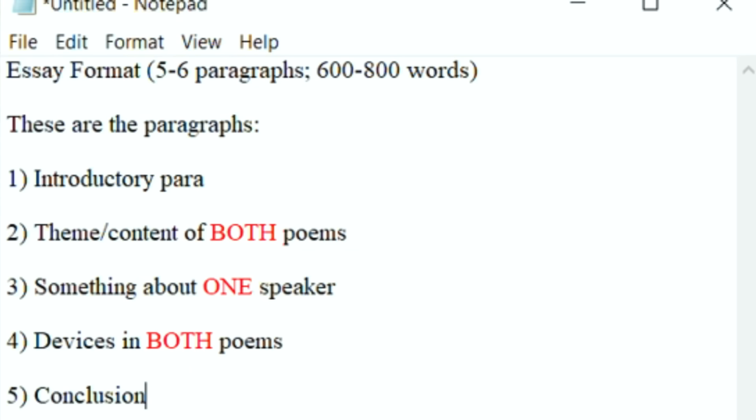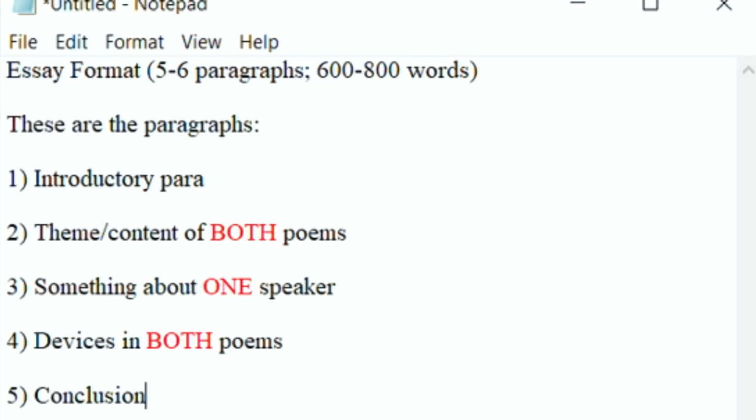Your conclusion is going to be the last thing that the marker reads. So if your conclusion is weak, it kind of weakens your entire essay. You need a strong opening, a strong middle, and a strong end. Everything must be strong if you want to get these 35 marks. We're aiming for 35 marks, not 34, not 20, 35 marks. I'm going to show you how to get there.